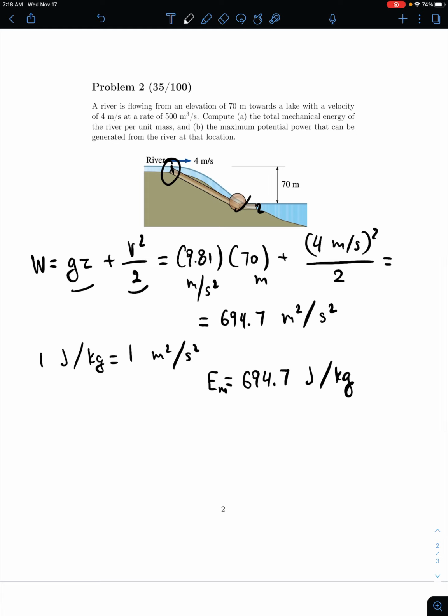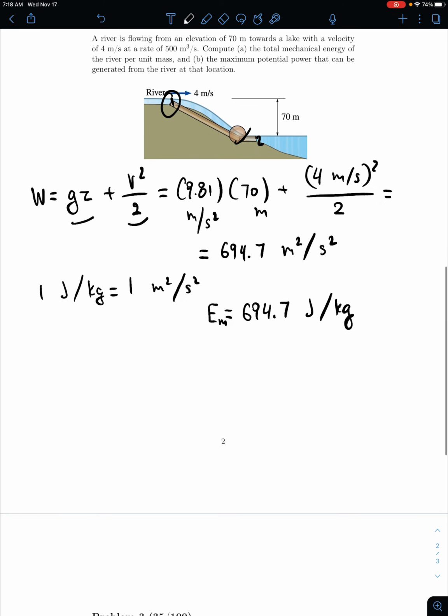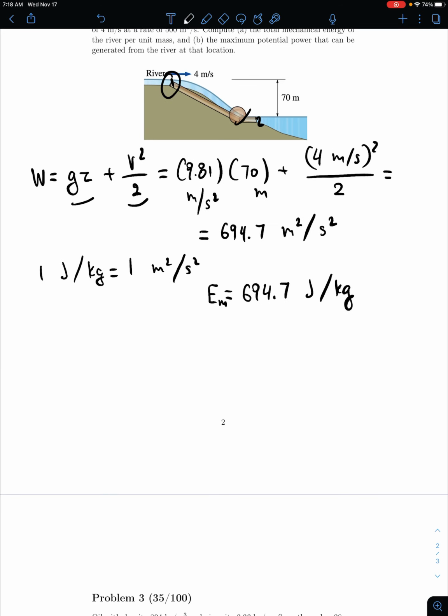Now, this is the total mechanical energy that can be converted into work. So the maximum potential power corresponds directly to that energy. So if we had, let's say, 100% efficiency, no frictional losses, anything, all this power will be converted from the river. So power is equal to rho Q and then that mechanical energy.